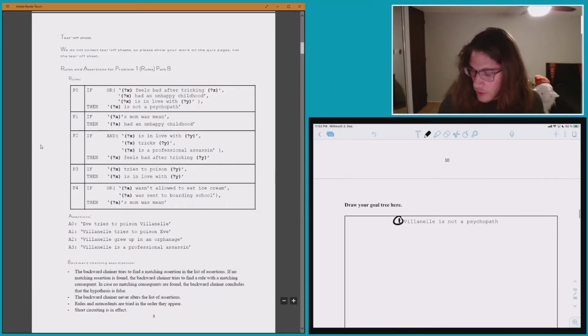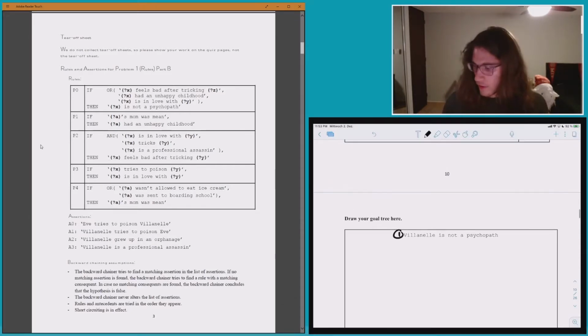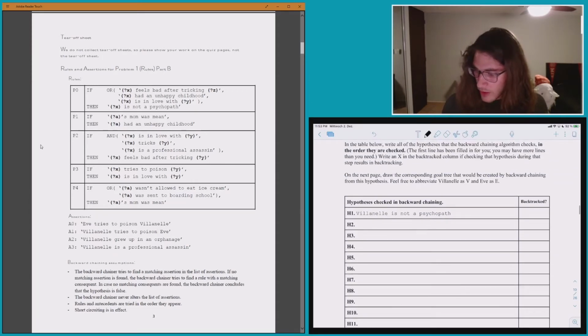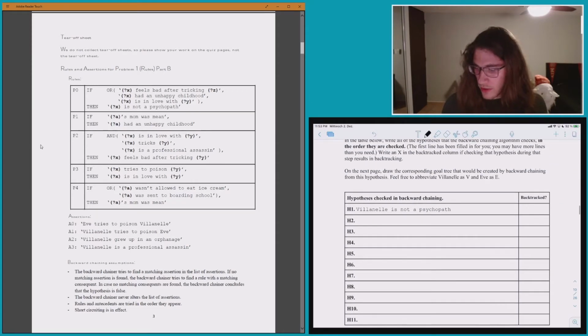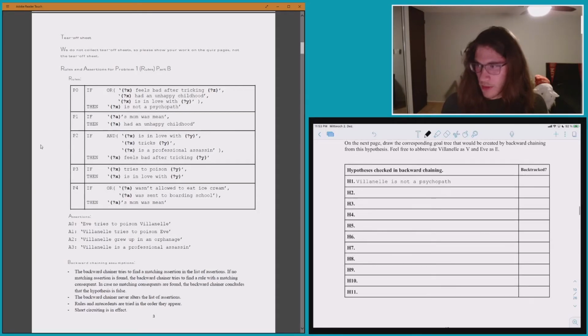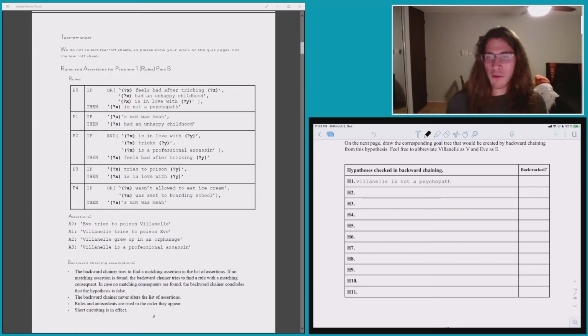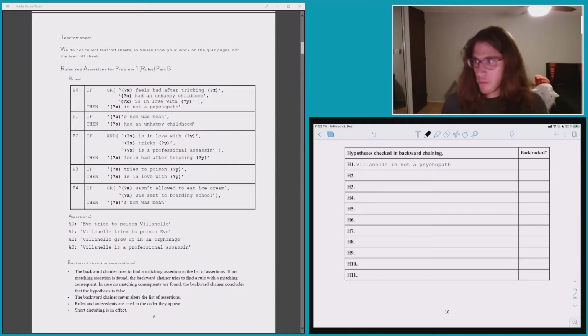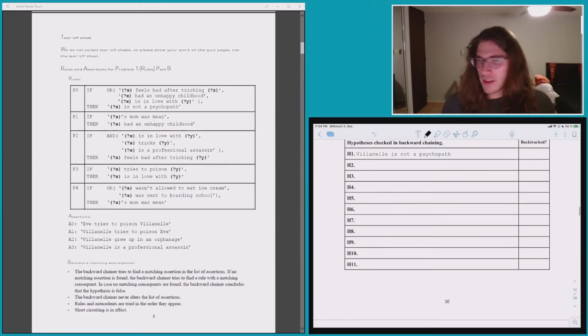Okay, so let's say this is the first hypothesis or the first assertion that I check. Villanelle is not a psychopath, H1. I'll be zooming back and forth through both pages because as I draw the tree, I'll be updating my list of hypotheses that I've checked.